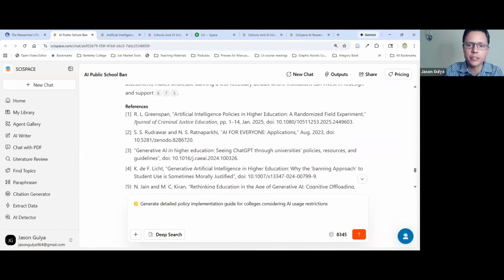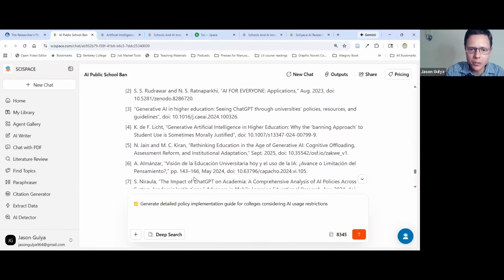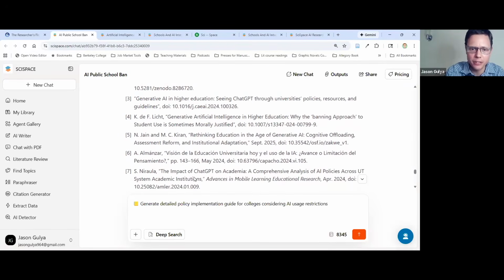So criminal justice education, cool, pretty good, right? So green, for the moment, a green flag. Here, not 100% sure where number two is from. All right, so I need to check that. Number three, I'm not 100% sure. Number four, general artificial intelligence in higher education, why the banning approach, cool. So seems okay, but I may have to do some additional sleuthing.